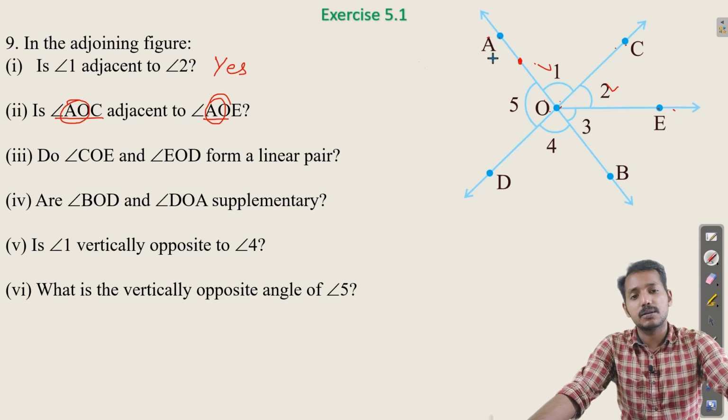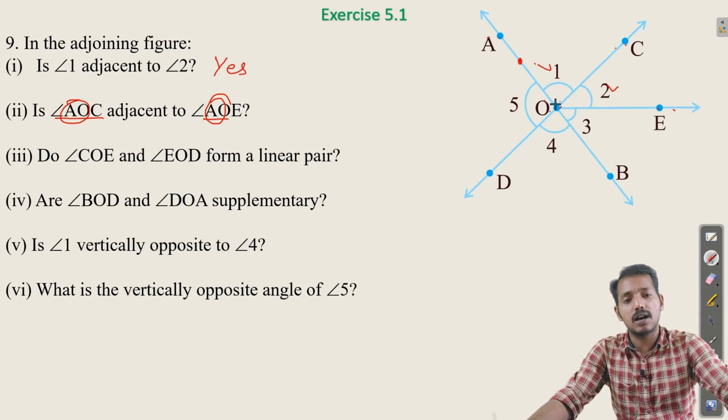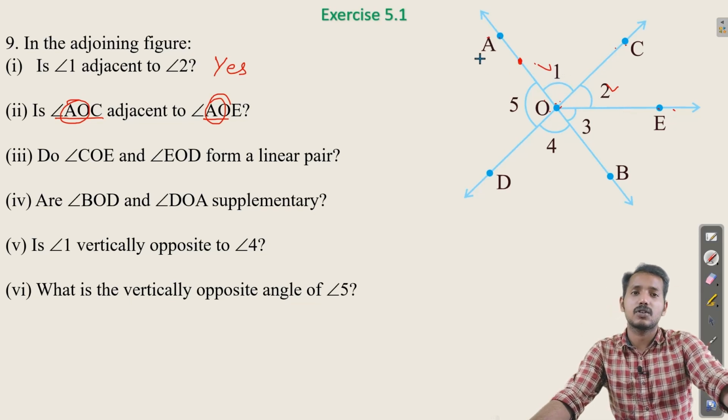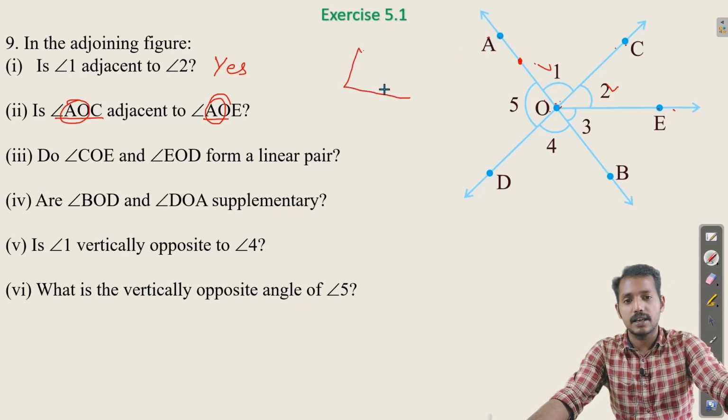But the problem is that the non-common arms OC and OE should be on either side of the common arm, and here that is not valid. AO is a common arm, but CO and EO are not on either side of the common arm AO.